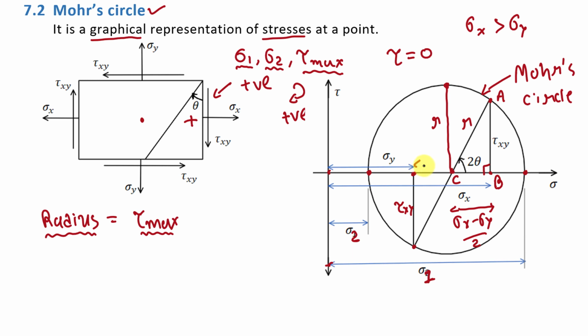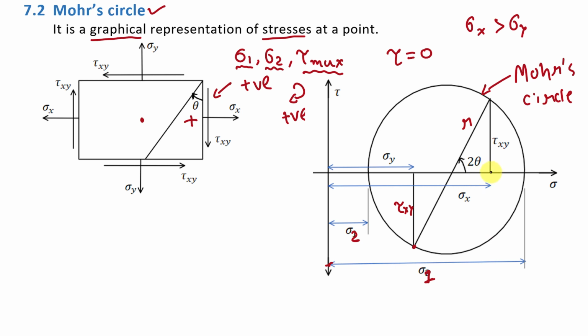Right, from this point to this point it will be sigma x minus sigma y, and this distance will be half of that. So now if you find radius of this Mohr circle, then it will be under root of (sigma x minus sigma y by 2) square plus tau xy square. Fine. So from here you can find out value of tau maximum, that is maximum shear stress on this body.